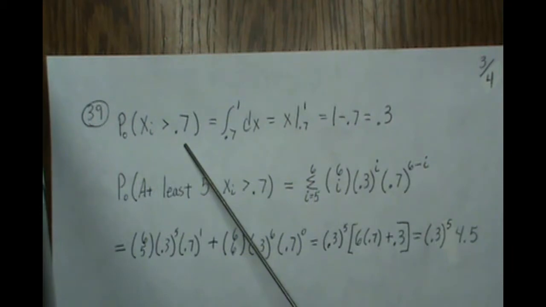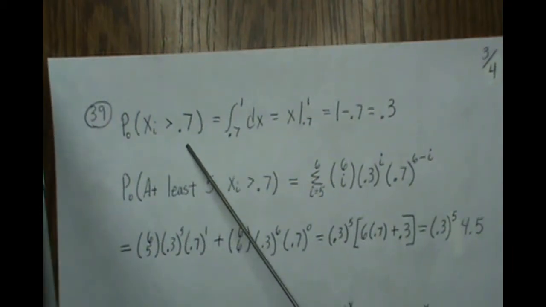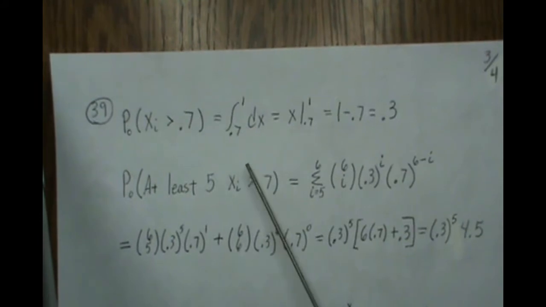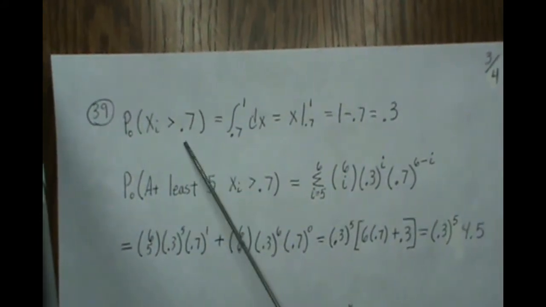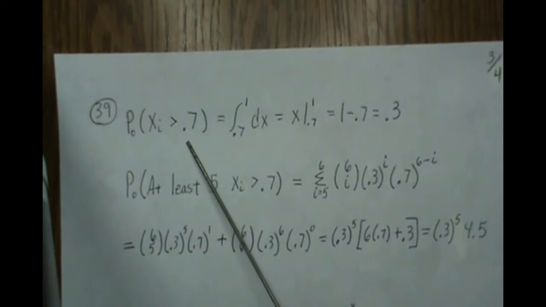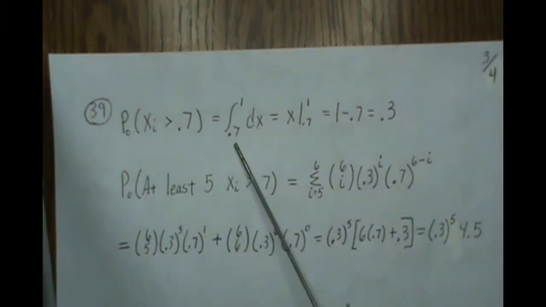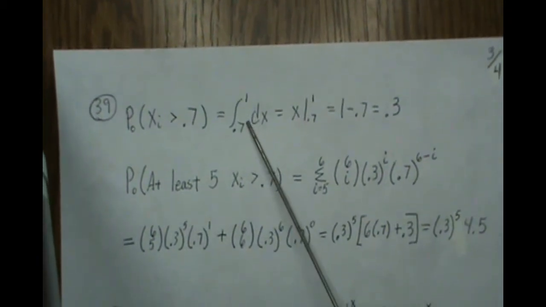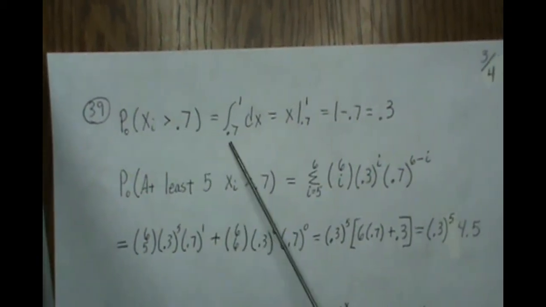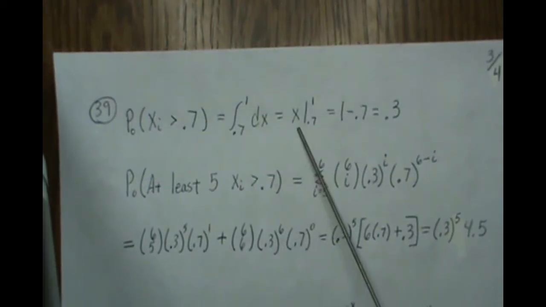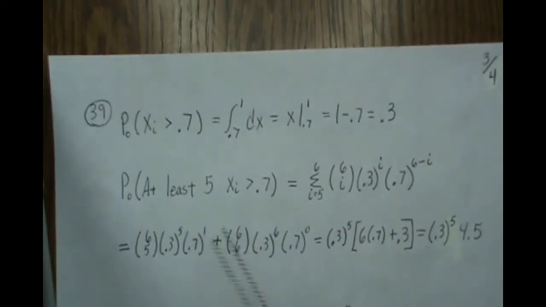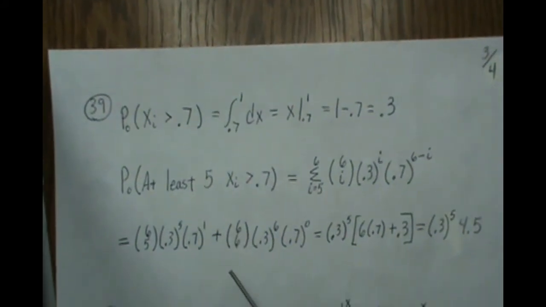And since these are uniform distributions, what's the probability that one is greater than 0.7 under the null hypothesis? You plug in theta equal to 1 everywhere, and you just get a 1 here. And so the probability would be the integral from 0.7 to 1. Antiderivative, plug in the limits, that's 0.3. So this is the probability that one in our sample is greater than 0.7.